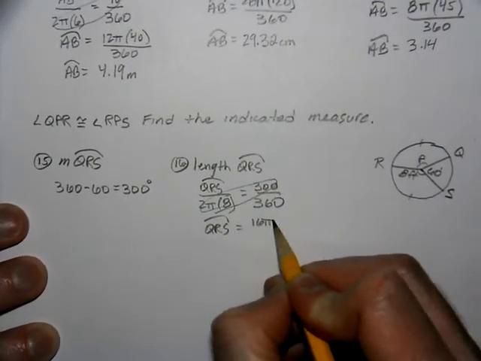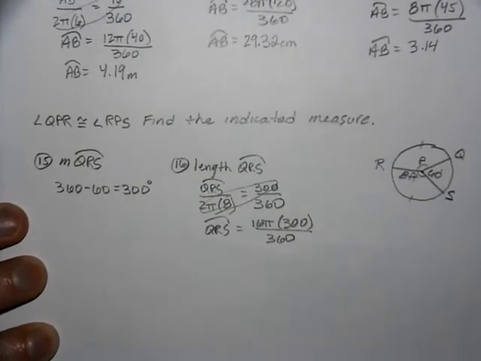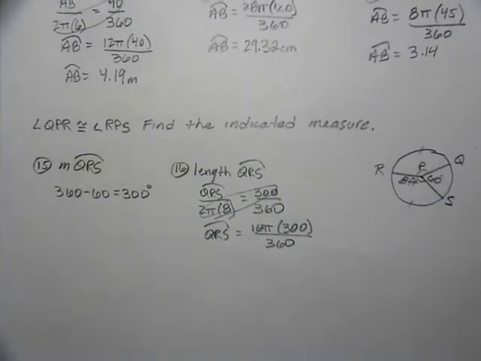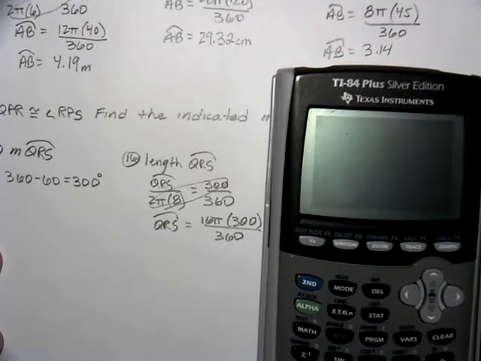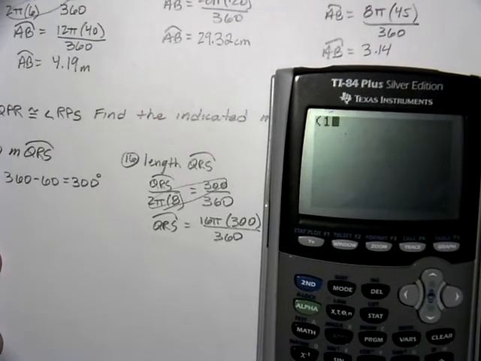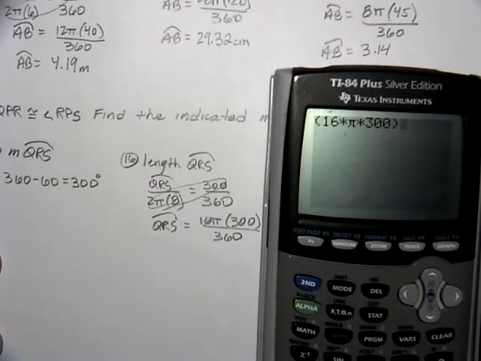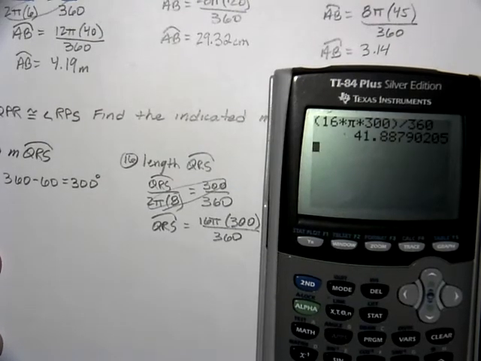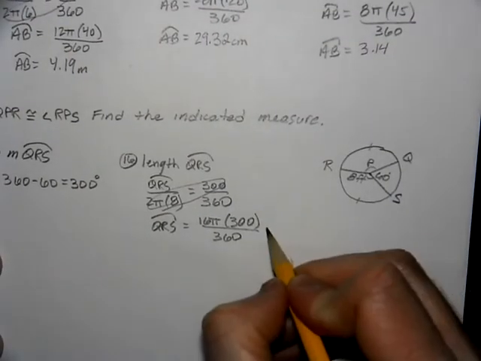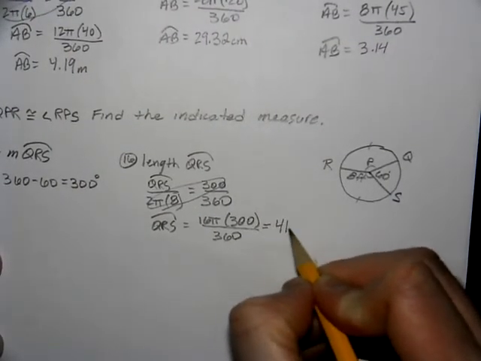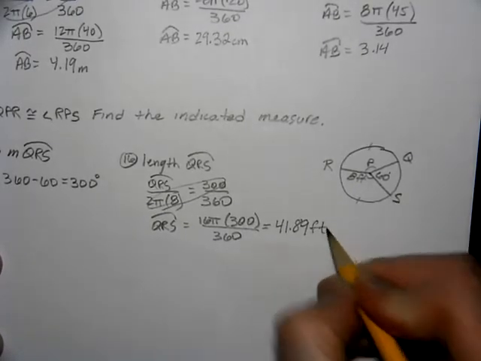So we have 16 pi times 300 divided by 360. Using our calculator, parentheses for the numerator, 16 times pi times 300 divided by 360, we get 41.89. And that's the length, so that would be feet.